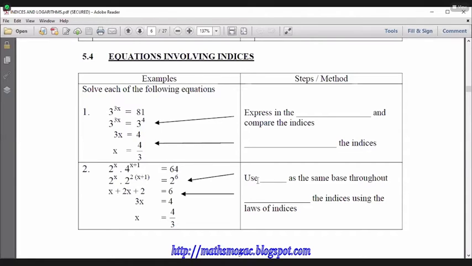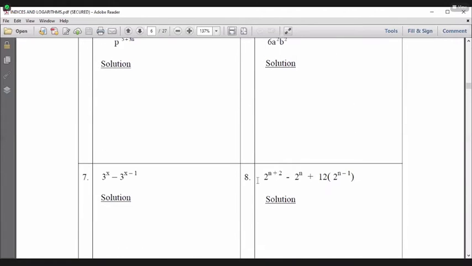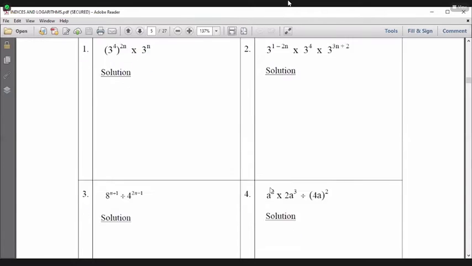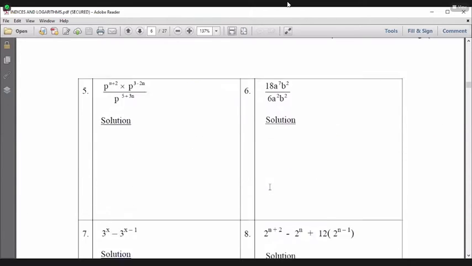It's from exercise 5.3. Yeah, 5.3. Simplify. Yeah, this is number 8. Please. Number 8. Okay. You're asking what the question was, simplify, isn't it? So where is the issue, my sister?